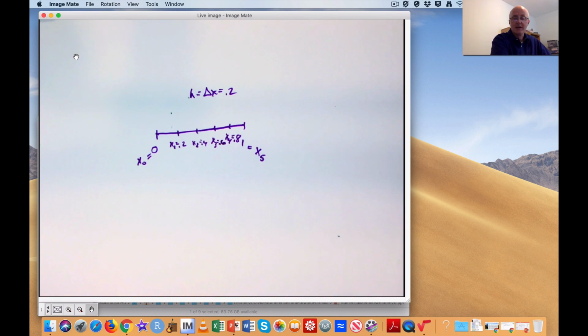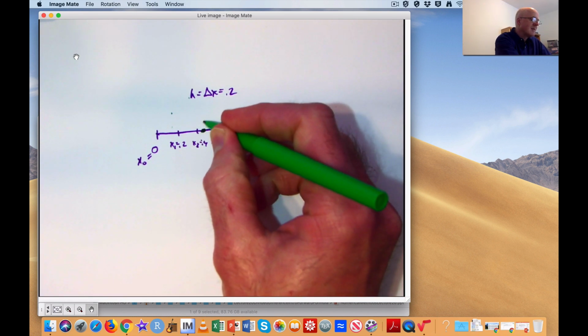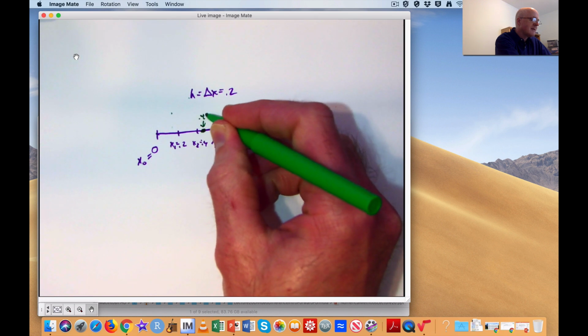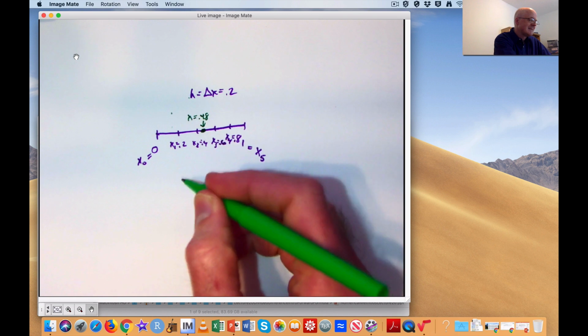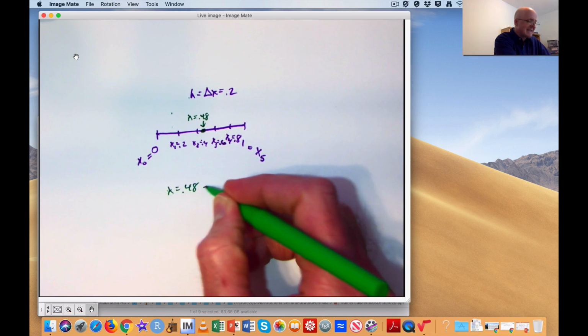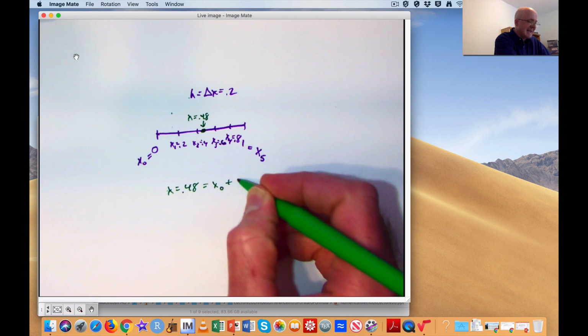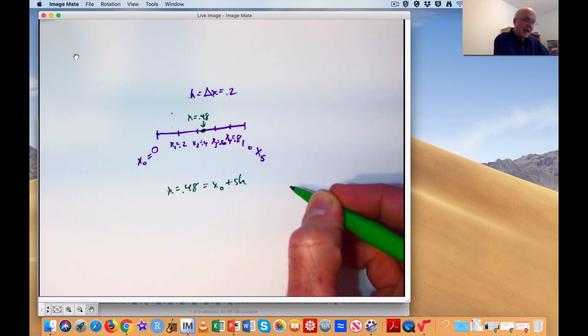And we're going to focus on trying to approximate the function, based on data at these 6 nodes, at x equals 0.48. That's going to be our x. How can I write 0.48 as x0 plus sh for some s? I have to solve for s.